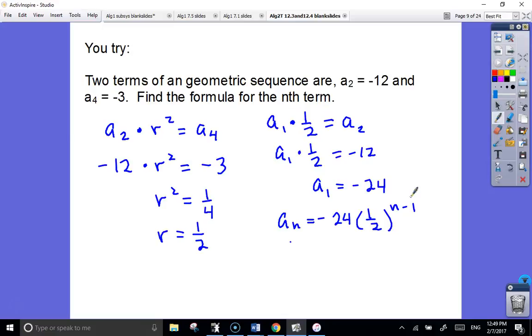Okay, there's actually another possibility here. Remember, when you take the square root, you get either positive 1/2 or negative 1/2. I mean, is that possible? Sure, that could work. If r is negative 1/2, then what is A1?